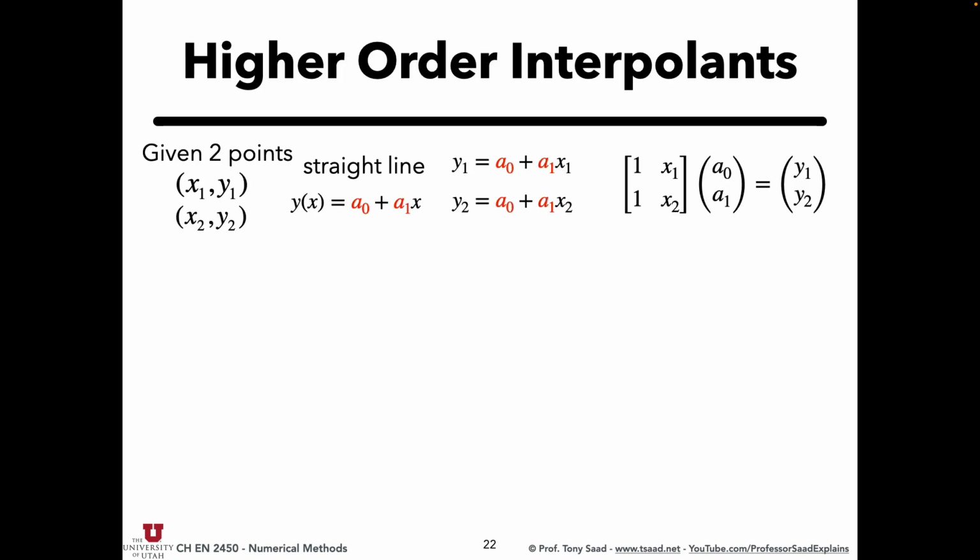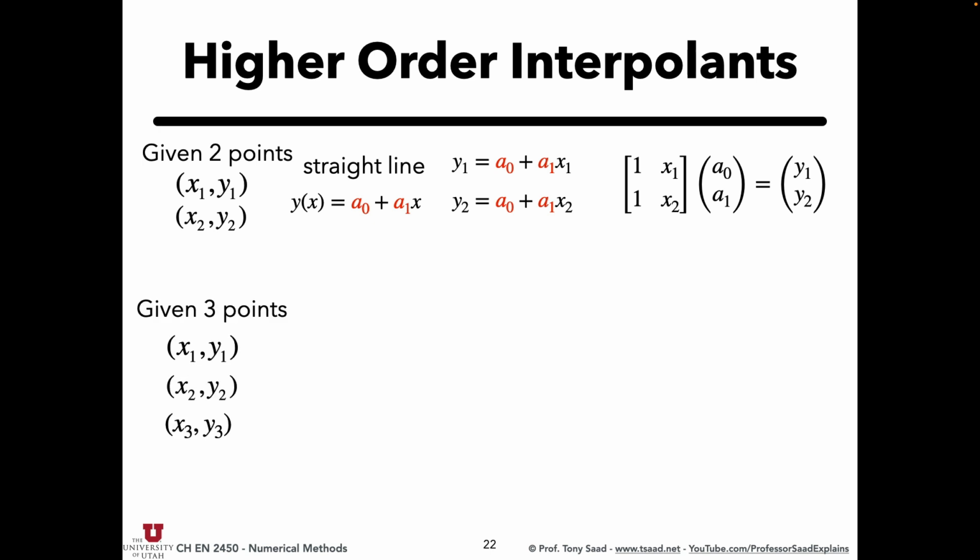So when we were given 2 points, x1, y1, x2, y2, with a straight line, a0 plus a1x, now I'm changing the nomenclature, m and b, to a0 and a1 to standardize the nomenclature. Then we passed this straight line through x1, y1, and through x2, y2. We derived a system of equations for the unknowns, which are the coefficients.